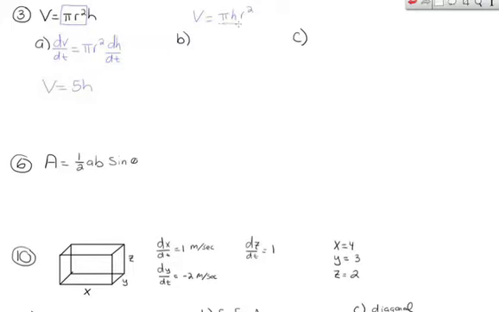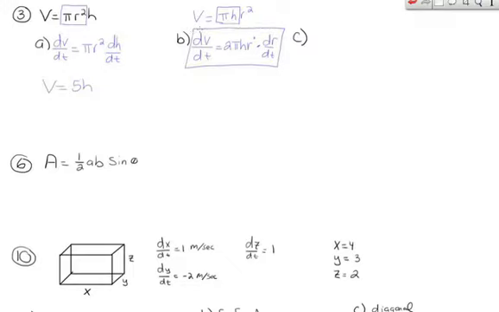So again, the pi h is a constant, and so really all I'm doing is taking the derivative of the left side with respect to time, and then the derivative of the right is really just the derivative of the r squared times the constant. So 2 comes down, giving me 2 pi h r to the first power times the derivative of r with respect to time. And that's it.